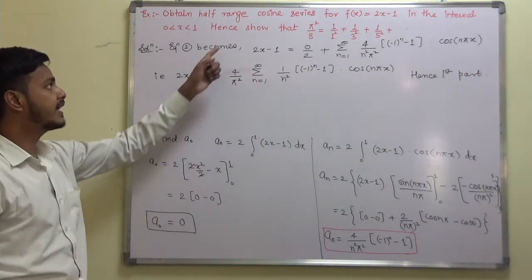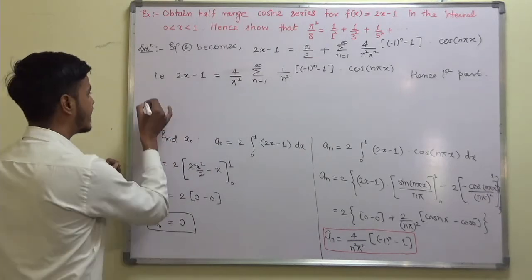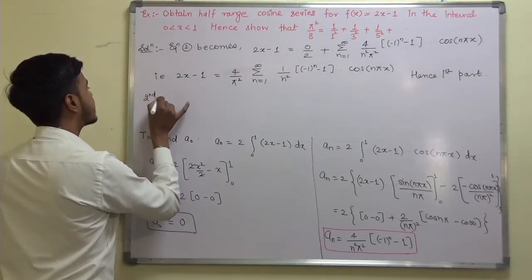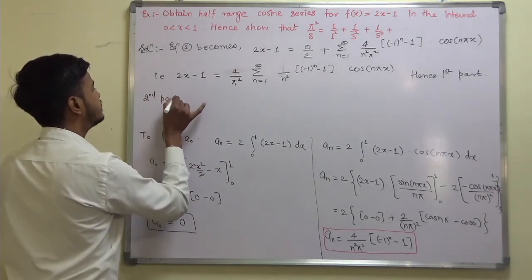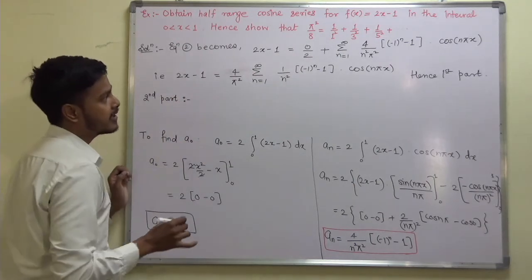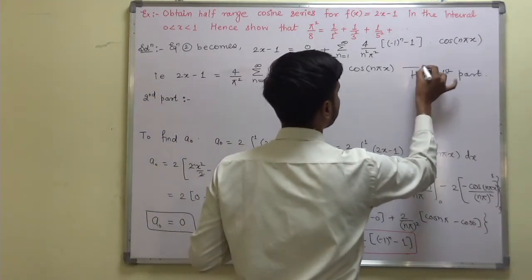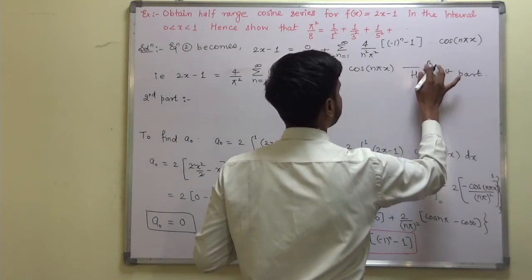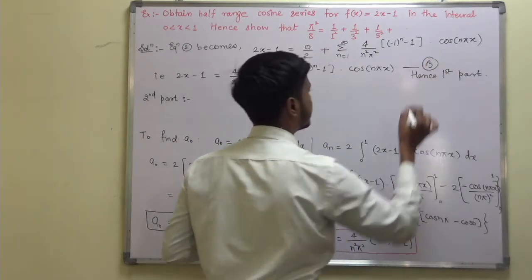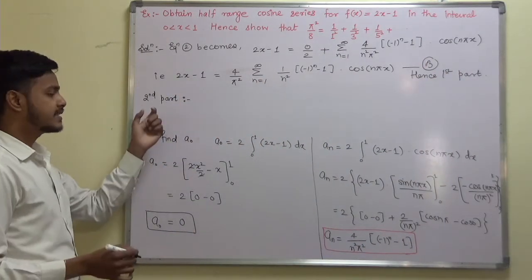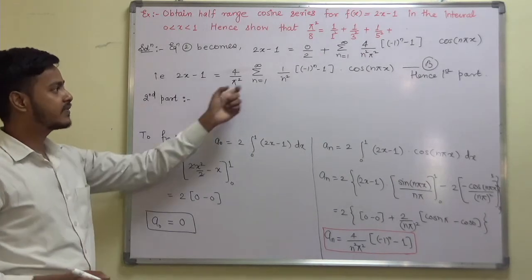In the second part we have to deduce this result. So what does the second part say? Say this is equation number 3. For the second part I am going to make use of this.